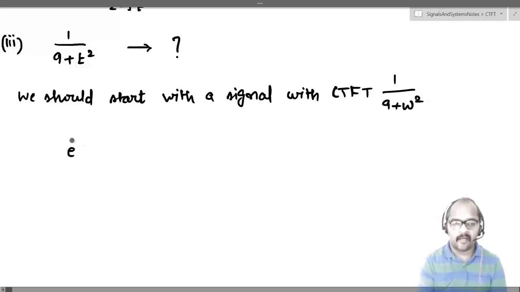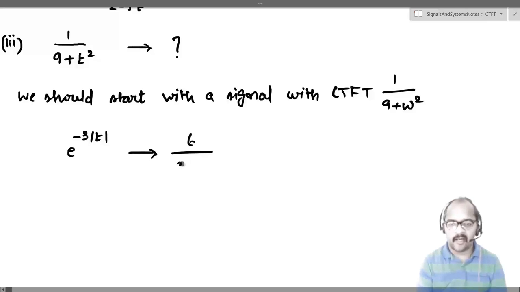Okay, so if you remember, for the signal e power minus 3 mod t, this fellow will have what as Fourier transform? 6 divided by 9 plus omega square, right? So if you multiply with 1 by 6, so let us take that signal. Let us take x of t to be 1 by 6 e power minus 3 mod t.